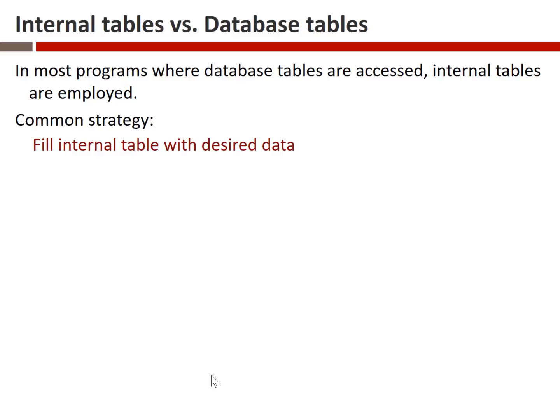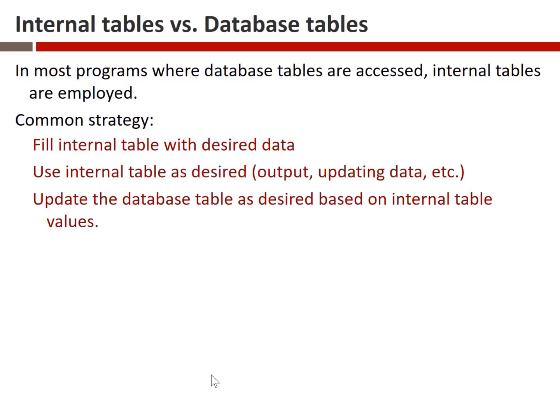So the common strategy would be: I could fill an internal table with desired data, maybe pulling it out of the database. I could use the internal table as desired. I could dump output to the screen. I could use it as the basis of some kind of report. I could update the data in the internal table. And then, hypothetically, I could update the database table as desired based on internal table values.